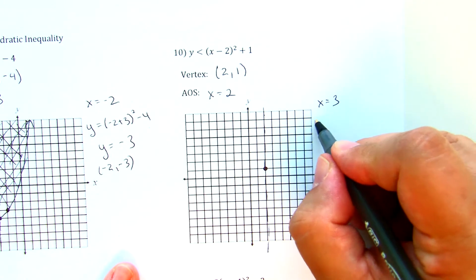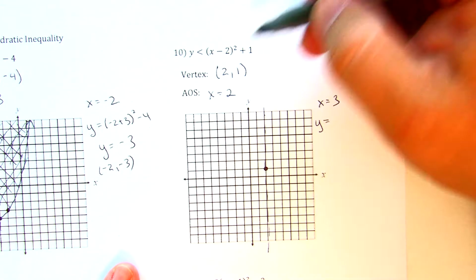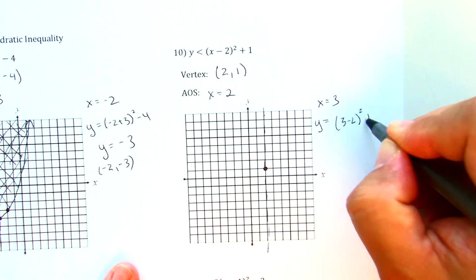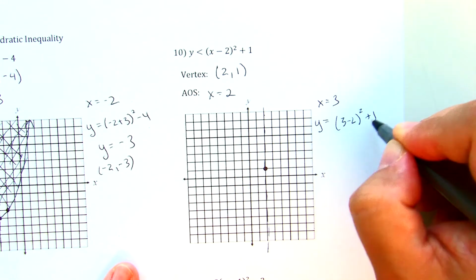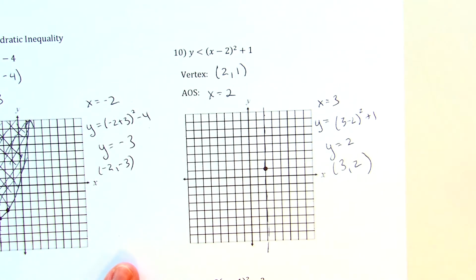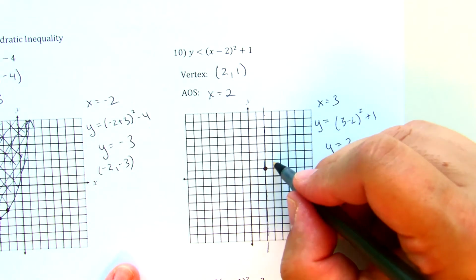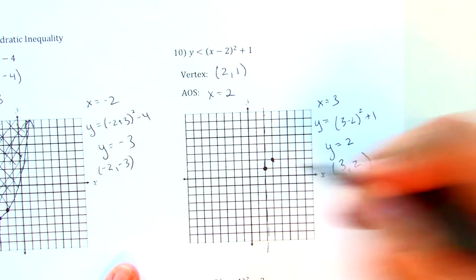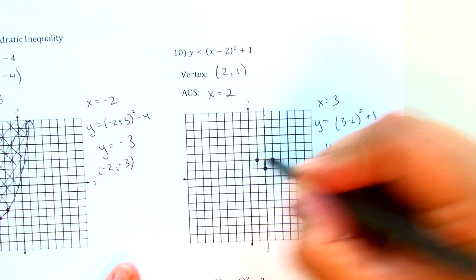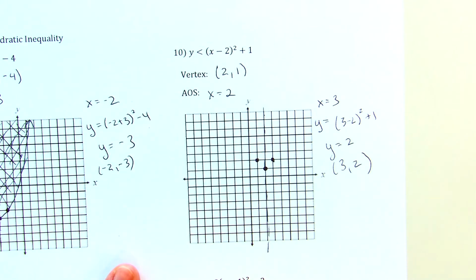The y value is going to be (3 - 2) squared plus 1, 1 plus 1 is 2, so my point is going to be (3, 2). So that's right here. Axis of symmetry tells me that there's going to be another point on the other side, right there.